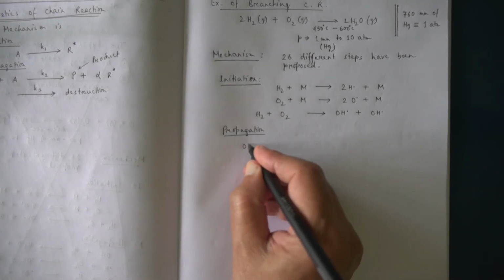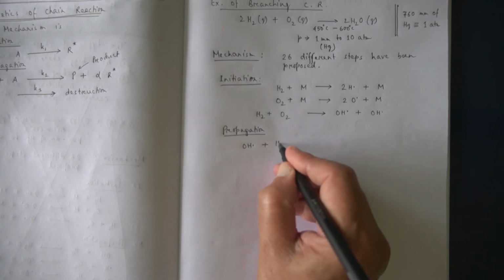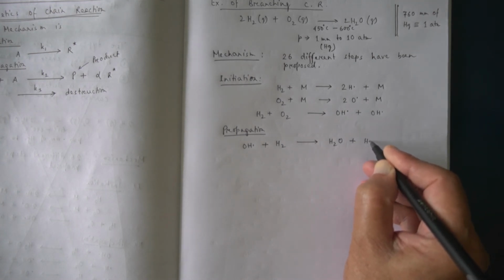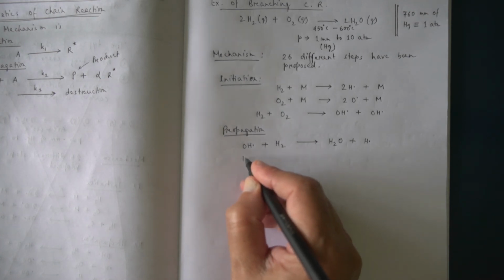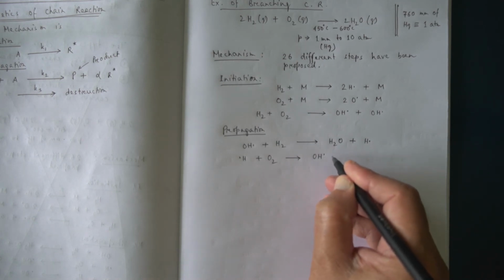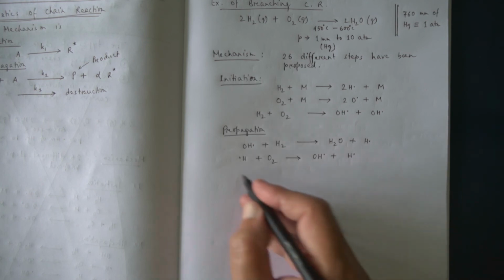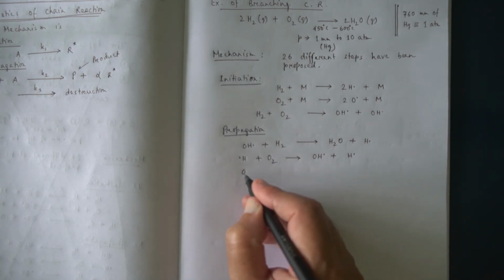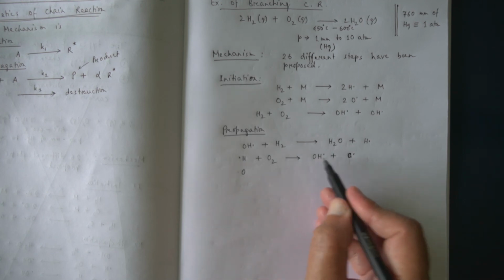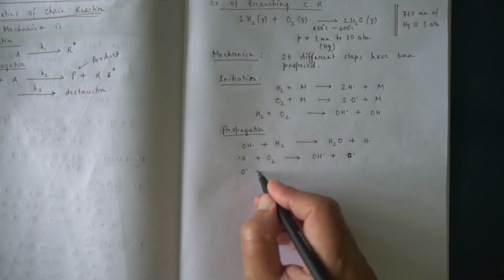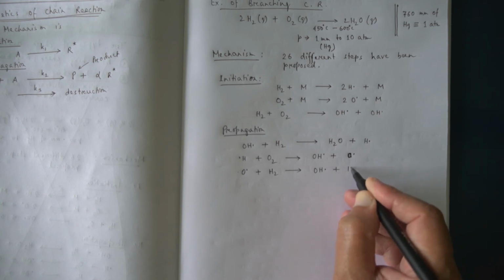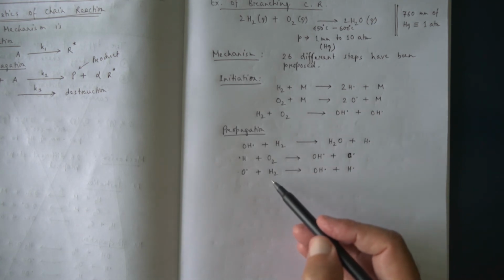This radical reacts with hydrogen to form H2O plus H. Now maybe it reacts with oxygen to form OH plus O. Then maybe OH plus H2, and O plus H2 gives OH plus H. So these are the different propagation steps.